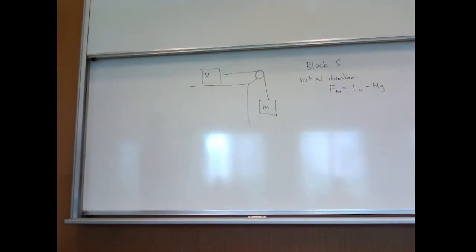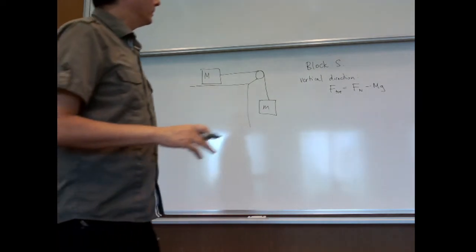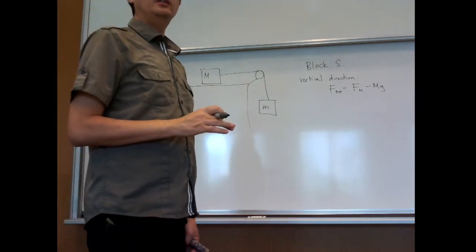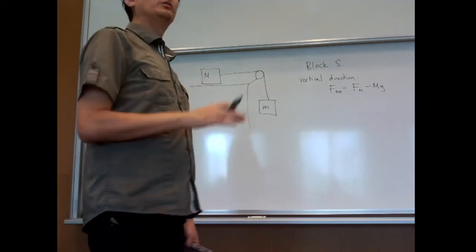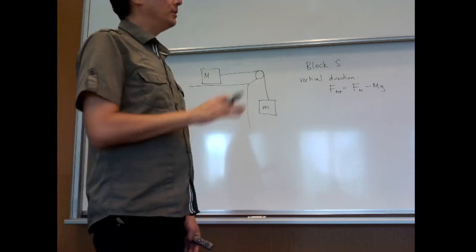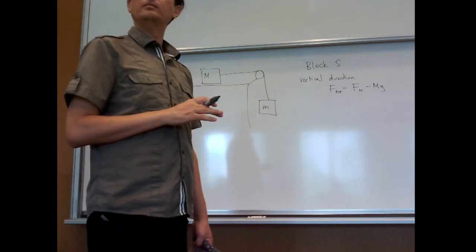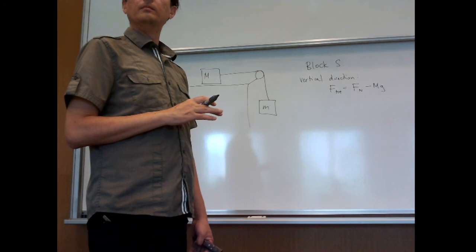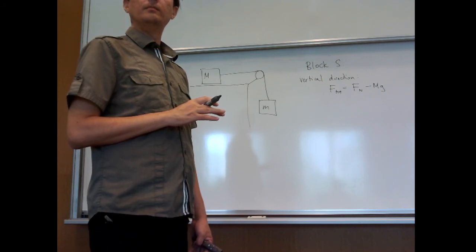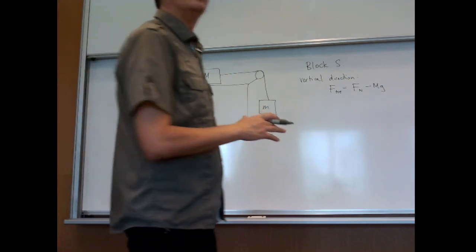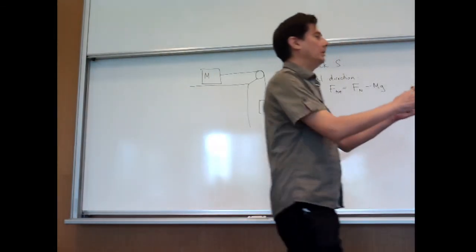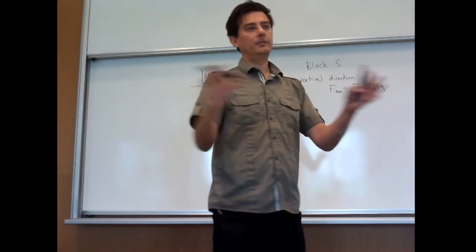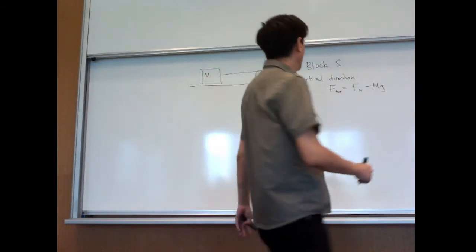And this thing is going to slide along this table. So what is the acceleration in the vertical direction for this block S? Just 0, right? It's just going to slide left to right, so there is no vertical movement.